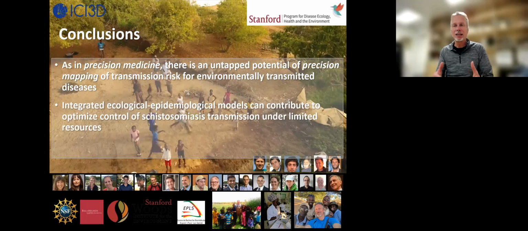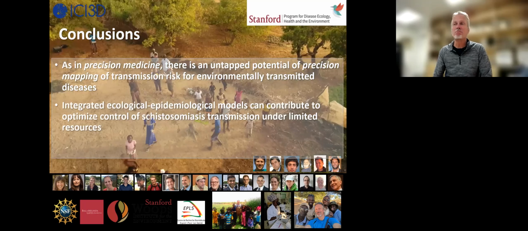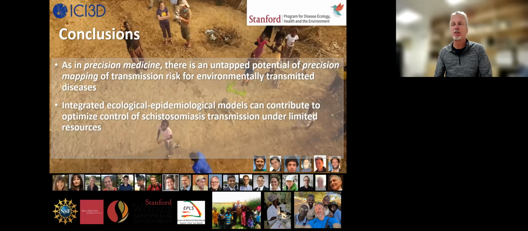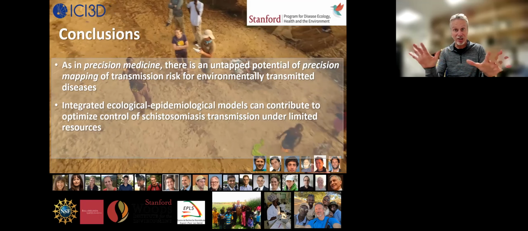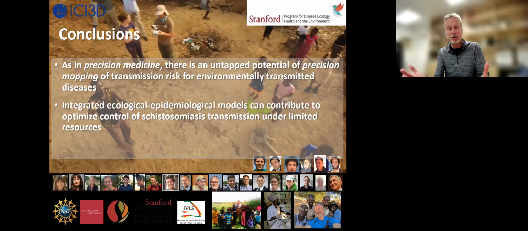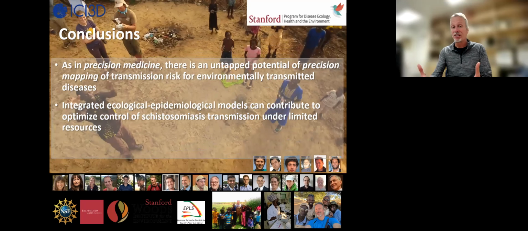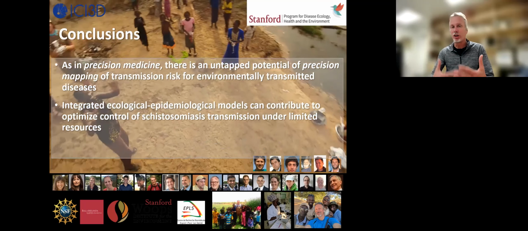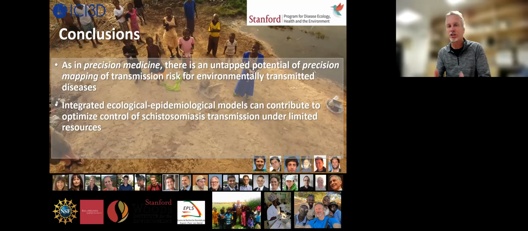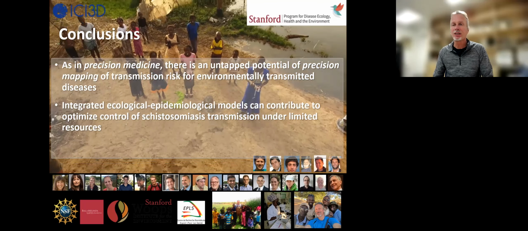We have seen that integrated ecological epidemiological models can contribute to optimize control of schistosomiasis transmission under limited resources, to understand what the potentials are. And of course, this should also come along with all the necessary validation in terms of controlling for reinfection rates and prevalence of infection in people and in snails.